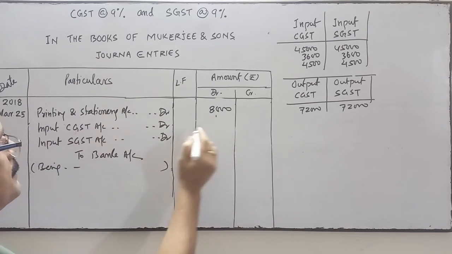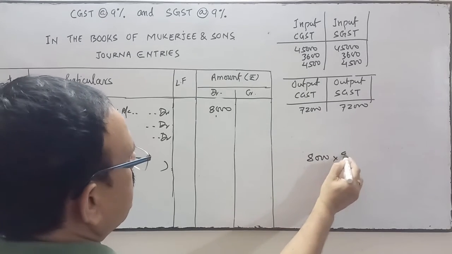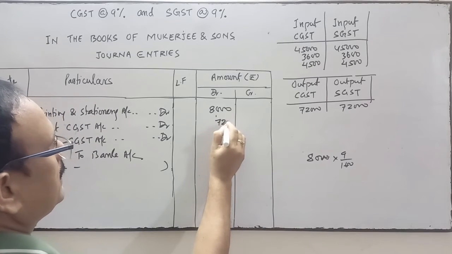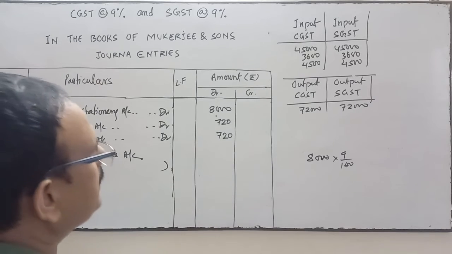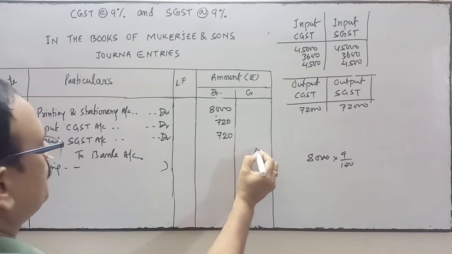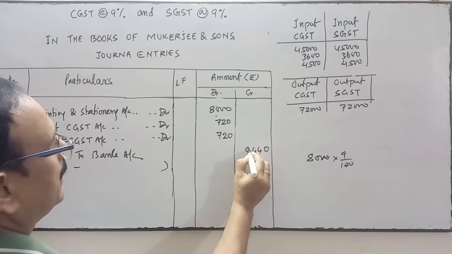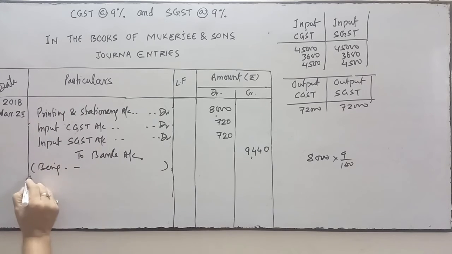Input CGST at the rate of 9% on which amount? 8,000. So this will be 720 and 720. So total amount paid by us will be 9,440.